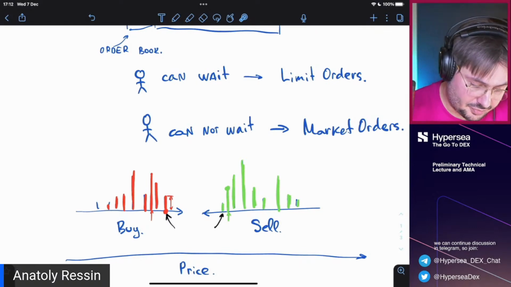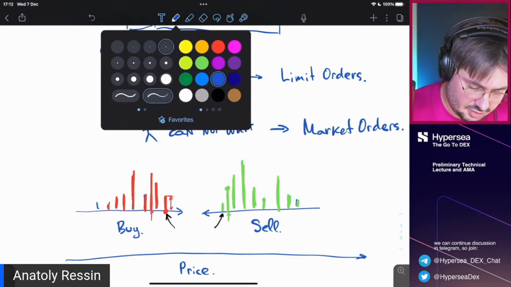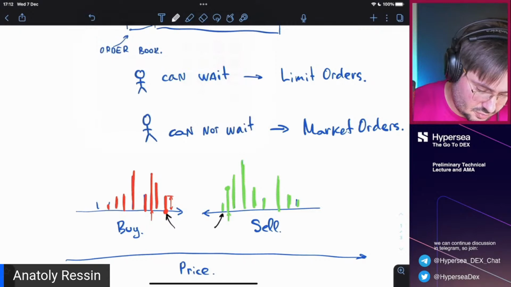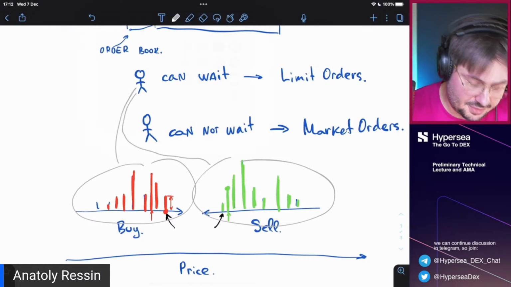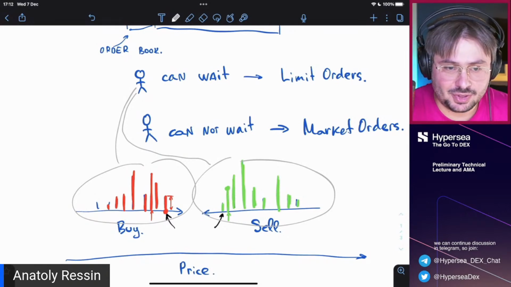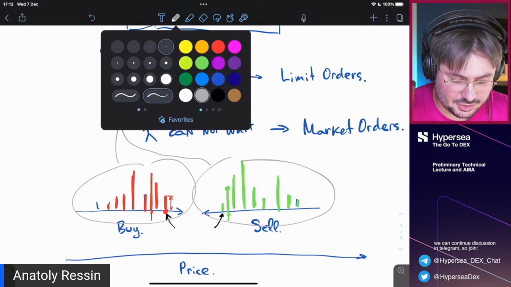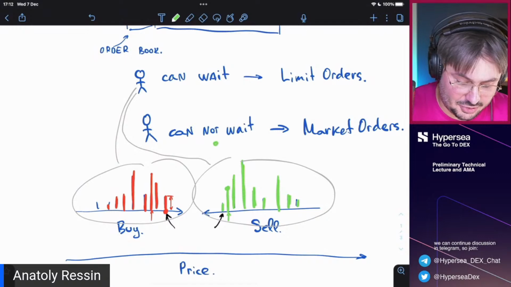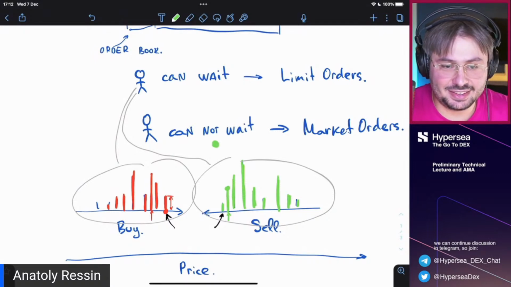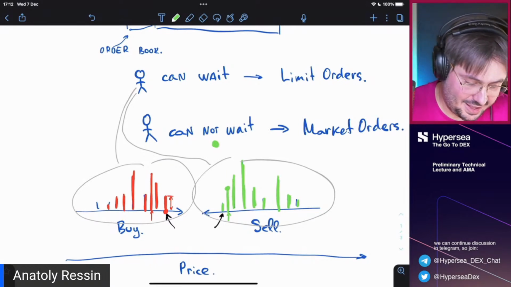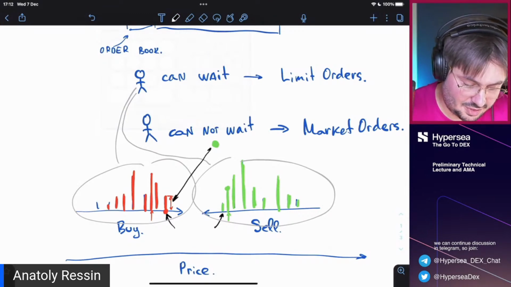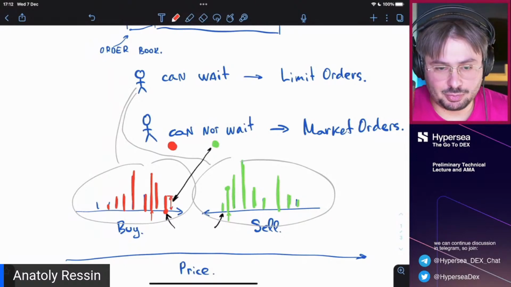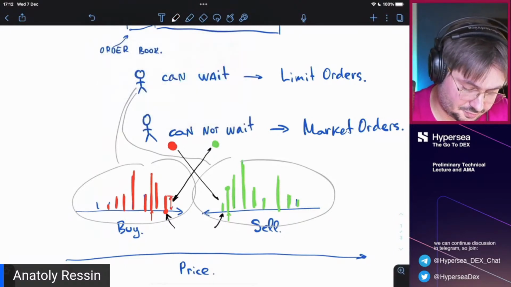And both of these things, so let me use for example this color, both these things are from the first type, and when the second type of users are trying to trade, those who want to sell and agree with the price are matched with this part, and those who want to buy and agree with the price are matched with this price.